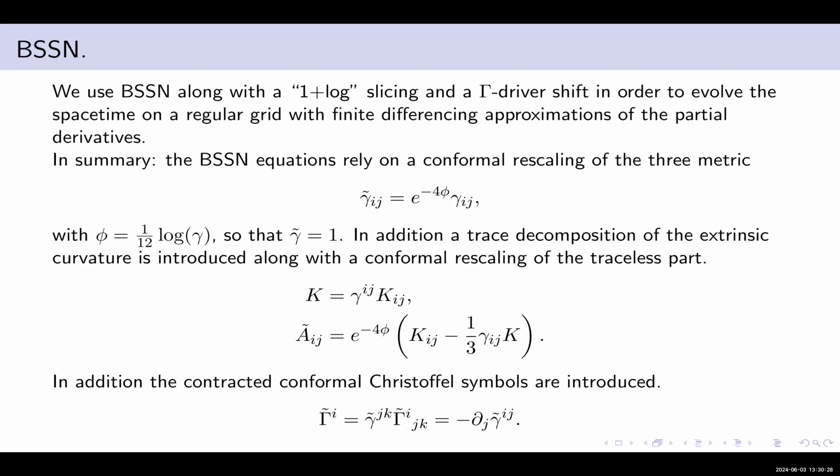in the BSSN equations, you introduce the conformal metric, which is e to the -4 phi times the physical metric. You do that so that the determinant of the conformal metric is 1. Additionally, you do a trace decomposition of the extrinsic curvature, and a conformal rescaling of the traceless part as normal. And then you, of course, introduce the contracted Christoffel symbols as evolved variables to make a standard system.